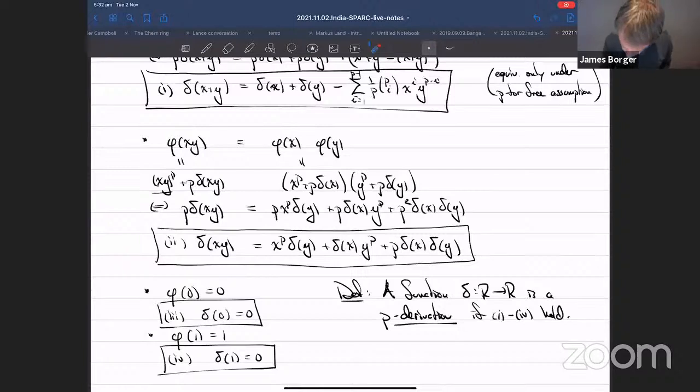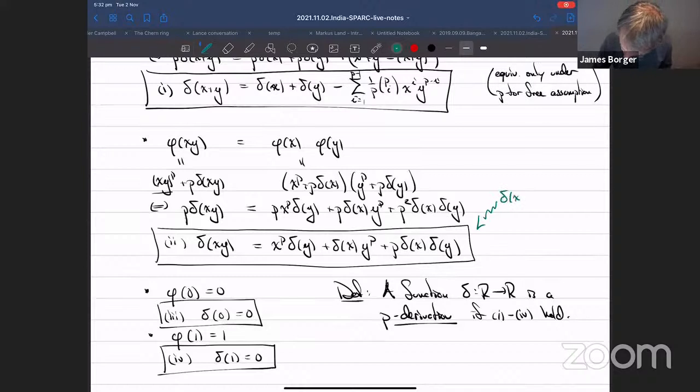So you'll note, why is it called a p-derivation? It's because the second axiom is sort of similar to the usual Leibniz rule for an actual derivation. In fact, modulo p, what do we get?